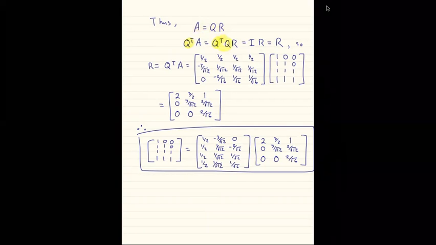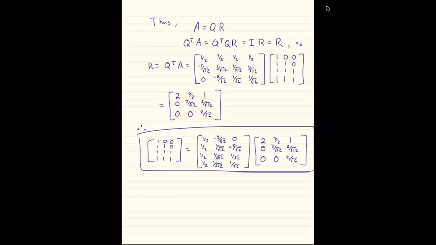Q transpose times Q is the identity matrix, so Q transpose A is the identity matrix times R, which is just R. So in order to find R, we just write it as Q transpose times A. We already know Q and we know A. We can easily find Q transpose and carry out this product. And when we do, we arrive at this 3 by 3 matrix right here.